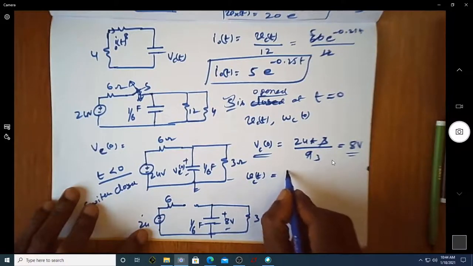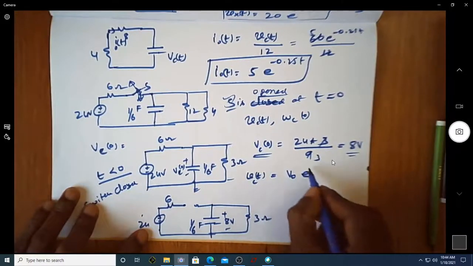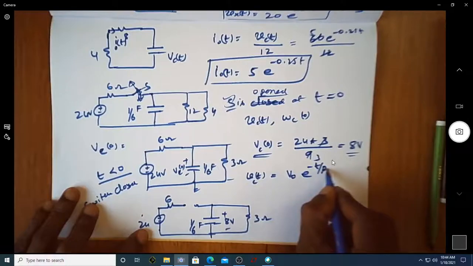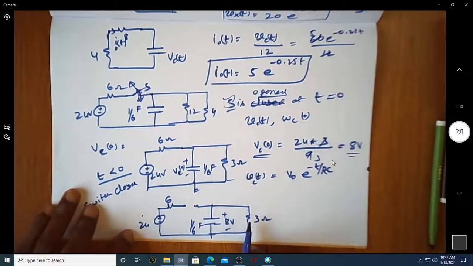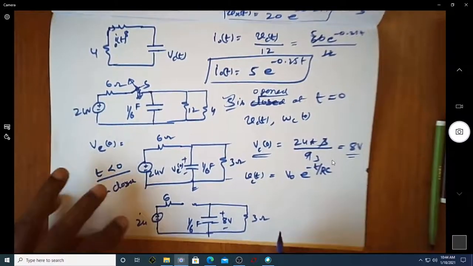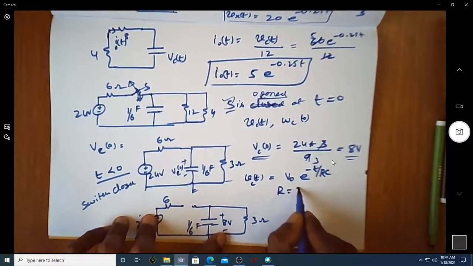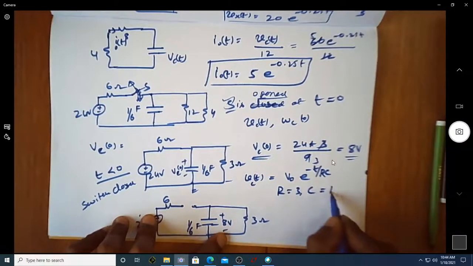Now what is this Vc(t)? Vc(t) is nothing but V0 e power minus t by RC. Now we know the value of R and we know the value of C. The value of R is equal to 3 ohm. The value of C is equal to 1 over 6. So tau equals RC, which is actually half.